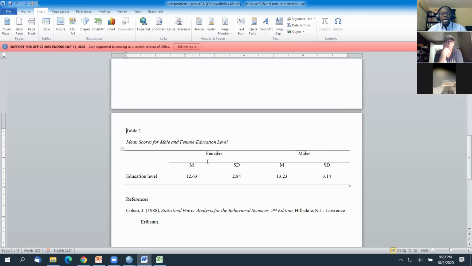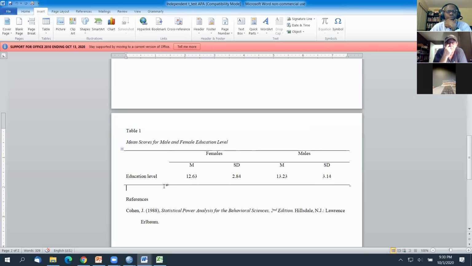Here we've got females and males, and then we've got the mean and standard deviation for both males and females, and then we've got the actual education level.